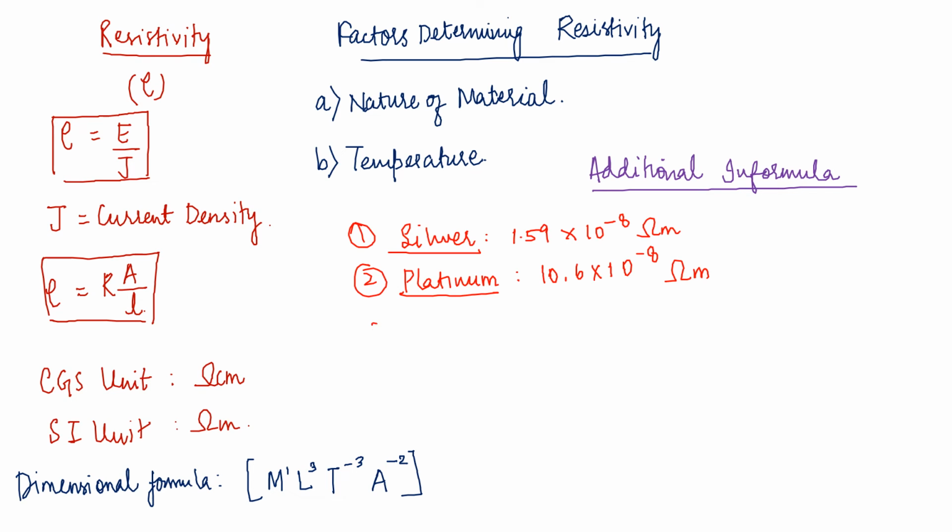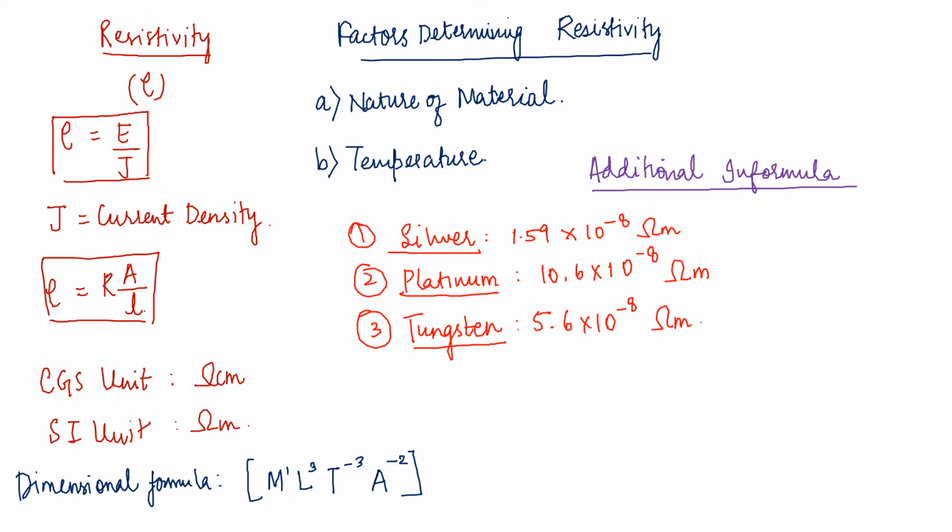Now one more metal, not exactly inert, but it has higher temperature dependence, that is tungsten. Tungsten melts at a very high temperature of 3400 kelvins. Its resistivity is 5.6 into 10 to the power minus 8 ohm meter.